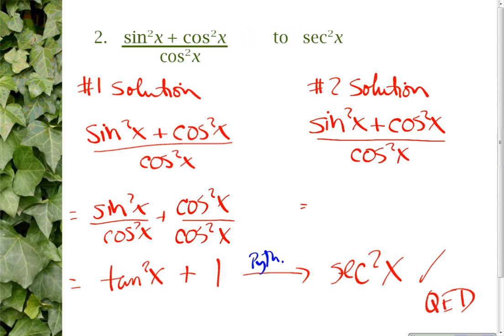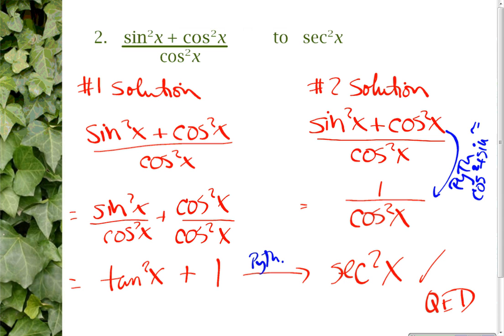In fact, it's just going to equal 1. So from here to here, your Pythagorean identity says cosine squared plus sine squared equals 1. So you get 1 over cosine squared, and that equals secant squared x, and you can do it either way. And that shows you can do it both different ways and get the same answer. One seems a little bit easier than the other, but if you're not seeing it, you can still go through and do it the same way.